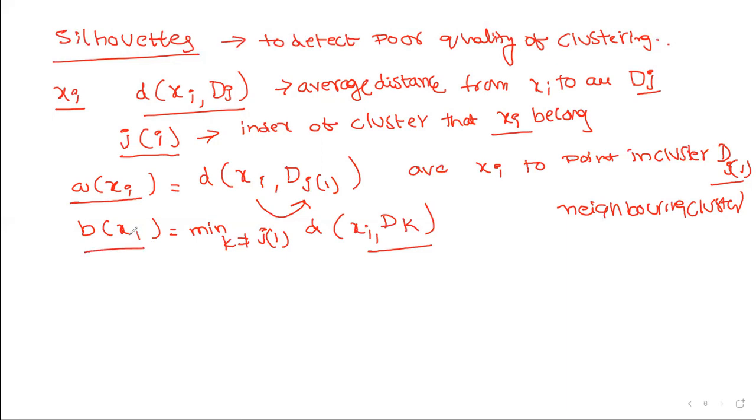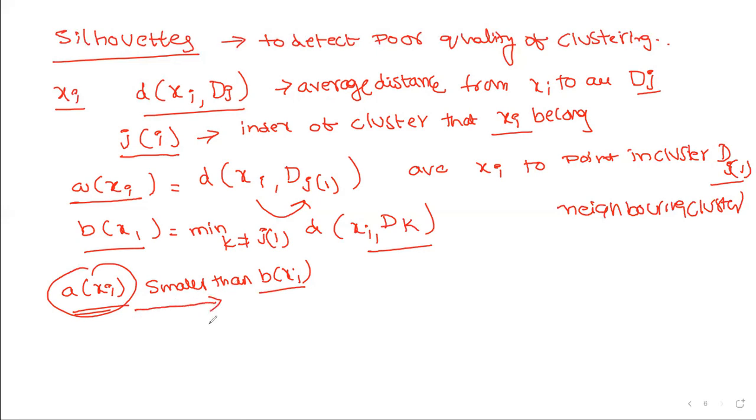B of xi means the average distance to the neighboring clusters. Now, after assuming all these notations, generally what is our expectation? We are calculating distances, so generally a of xi is smaller than b of xi, right? Why? This is within the cluster, this is between different clusters. Obviously b of xi is more, but in some situations it is not guaranteed.